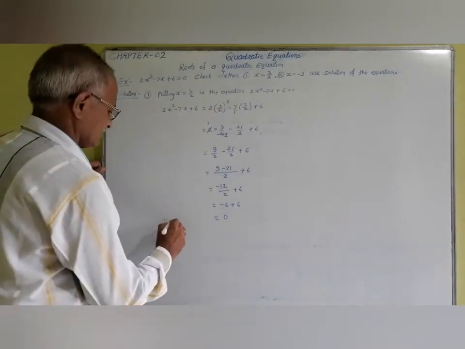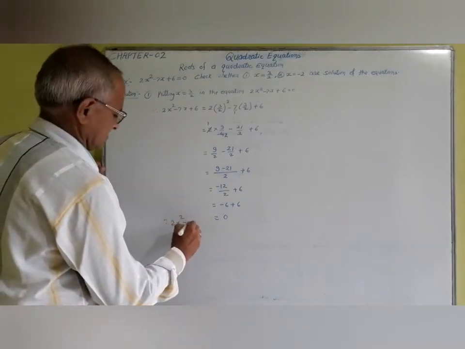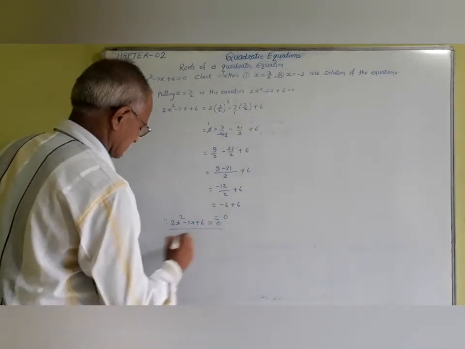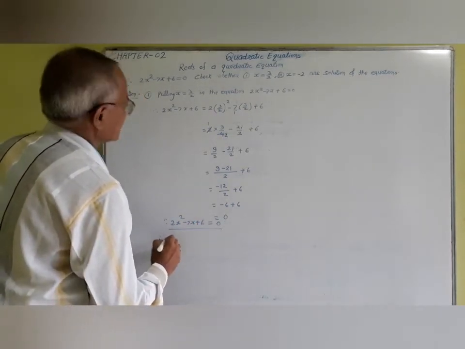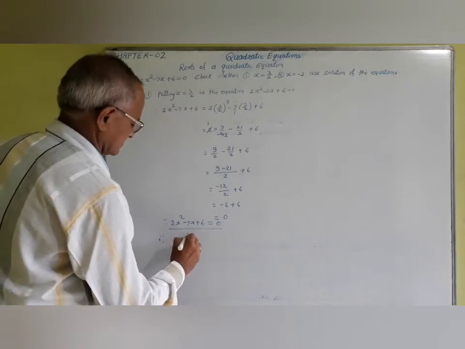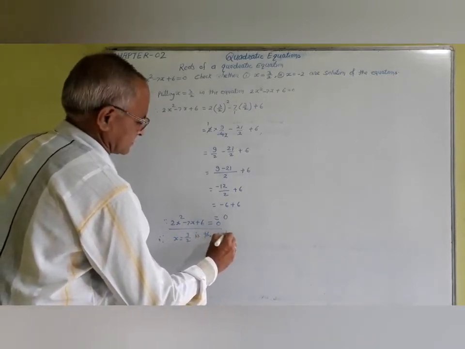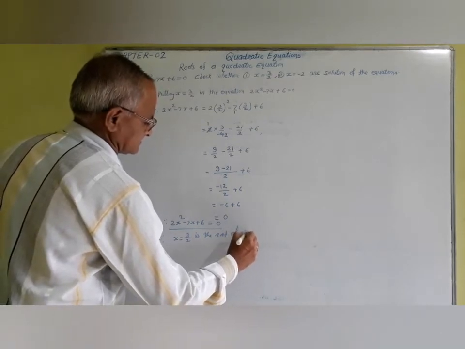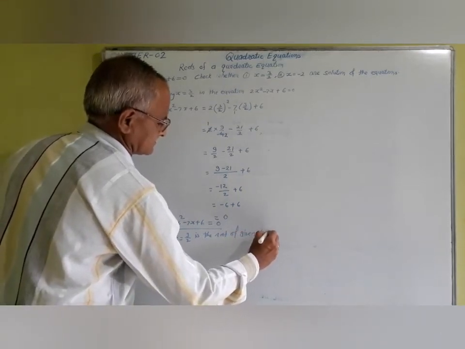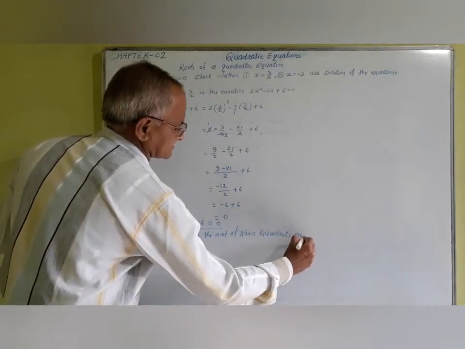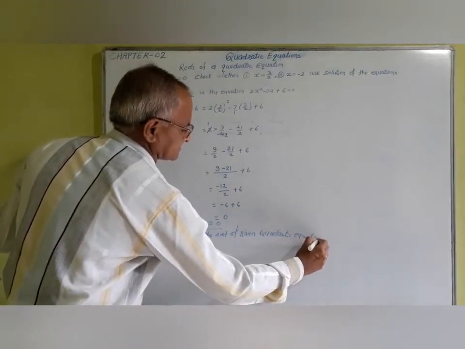Means here we say that 2x square minus 7x plus 6 is equal to 0, and therefore x is equal to 3 upon 2 is the root of the given quadratic equation.